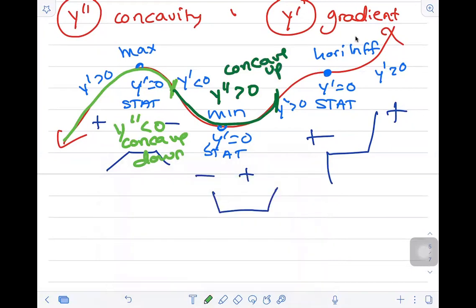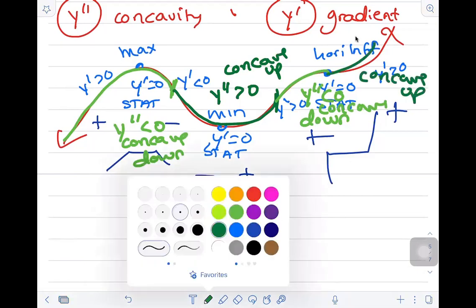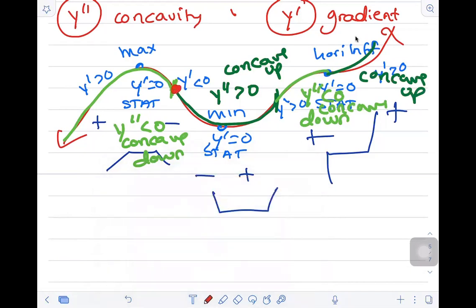And then here, concave down. Then finally, this part, concave up. So at these points here, they are all inflections. This one is just a normal inflection, this and this one, and that one there is your horizontal inflection.